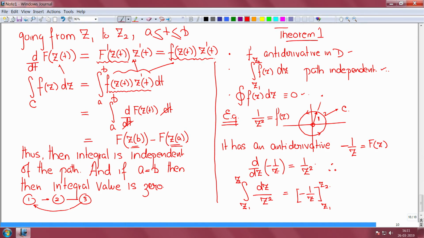And if it is a closed contour like we started off, the value is 0. If z1 happens to be equal to z2, then the integral is 0. The integral over this closed contour of dz by z square is equal to 0.